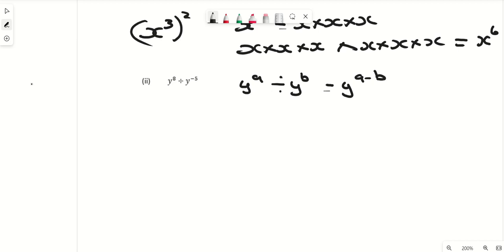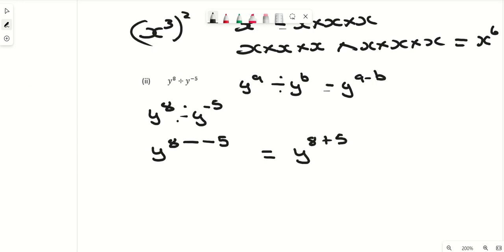So if this is y to the power of 8 divided by y to the power of negative 5, this would be y to the power of 8 minus negative 5, which is equal to y to the power of 8 plus 5. 8 plus 5 is 13. It's y to the power of 13, and this would be your answer right here.